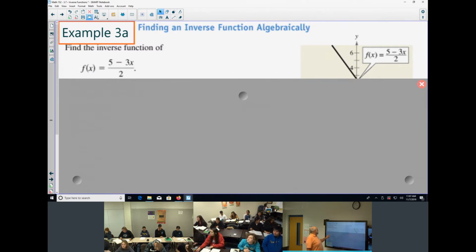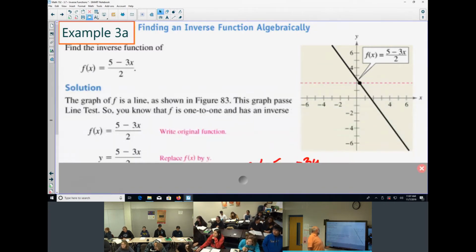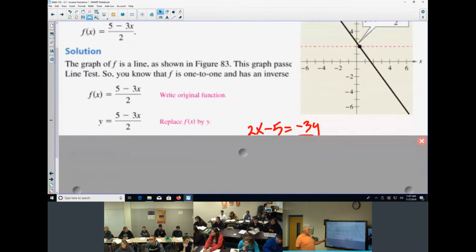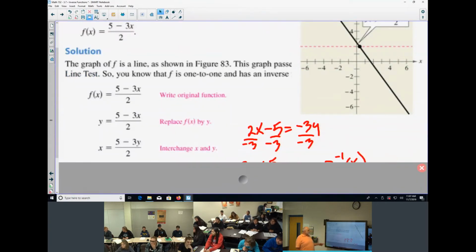So step one, we're replacing the f of x with y. So y equals 5 minus 3x divided by 2. Next, we interchange the x and the y. So then it becomes x equals 5 minus 3y divided by 2.